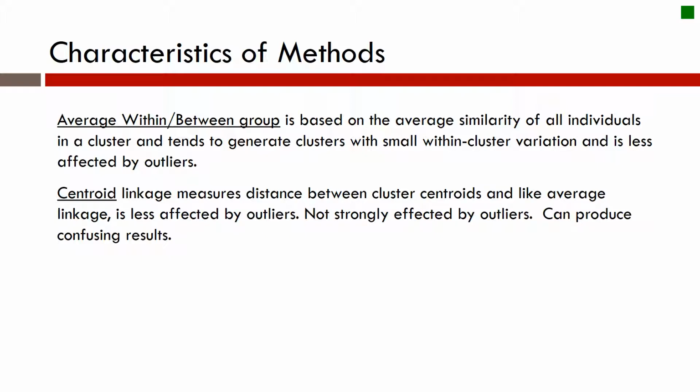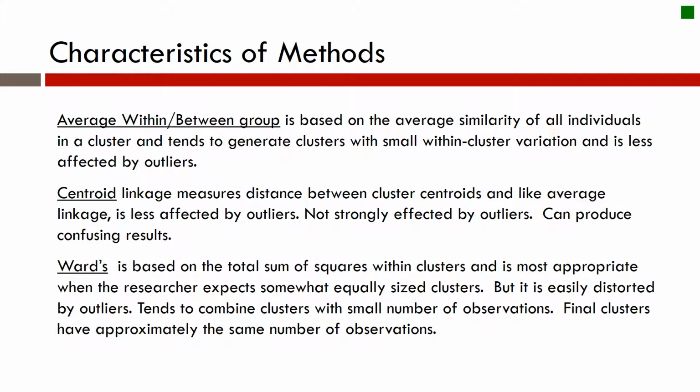Finally, there's the centroid method and Ward's method. The centroid method measures the distance between cluster centroids and, like average linkage, is less affected by outliers. That is a plus. However, the results may be difficult to identify.